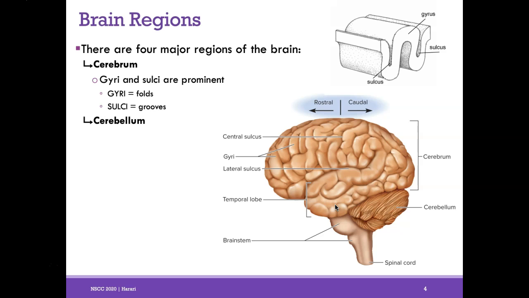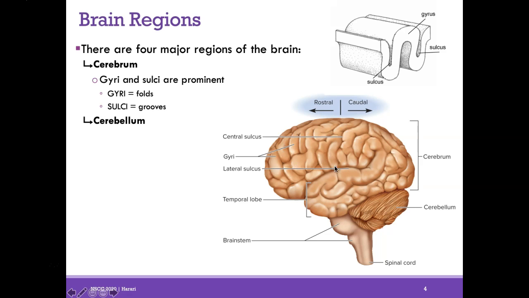The cerebellum comes next, at the posterior portion of the brain. Right over here is called the transverse cerebral fissure, which demarks the cerebrum from the cerebellum. The cerebellum is the second largest region of the brain, about 10% of the overall volume.